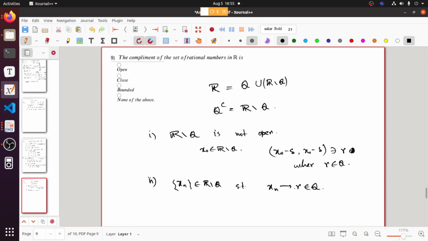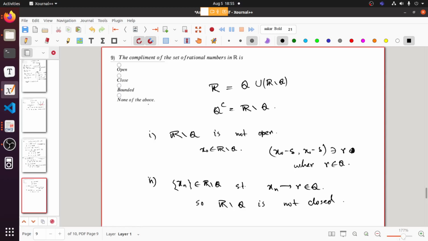So a rational number is a limit point of a sequence of irrational numbers, but it is not an irrational number. So this is not closed, right? So R minus Q is not closed.